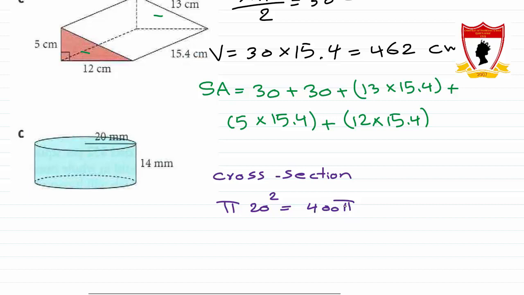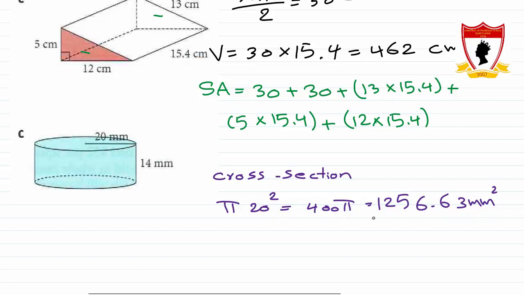It's fine to keep pi in your answers for simplicity. It's also okay if you change it to decimal. 400 times pi is equal to 1256.63. This one is also acceptable. Since these are in millimeters, this one is millimeter square.